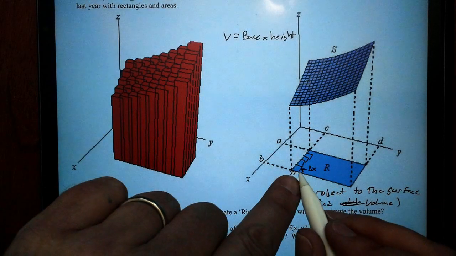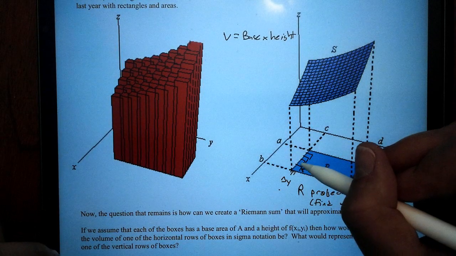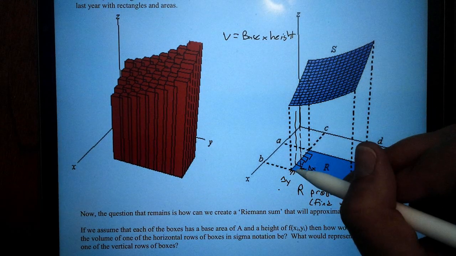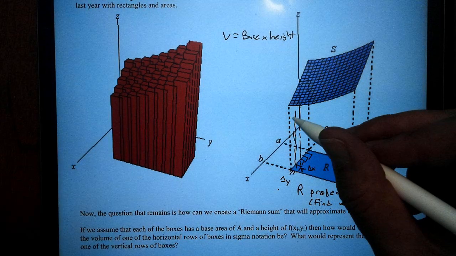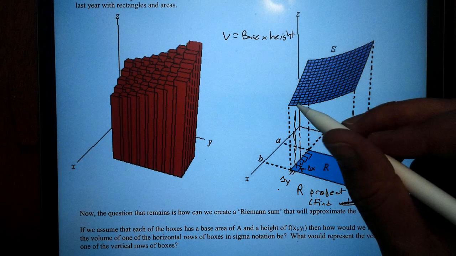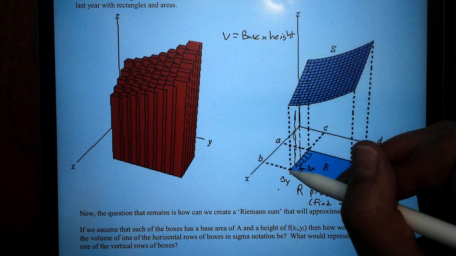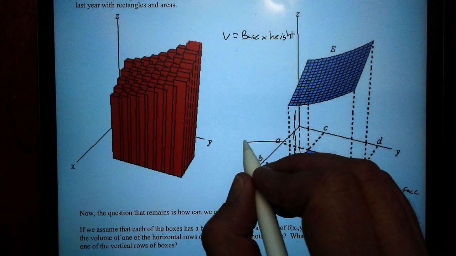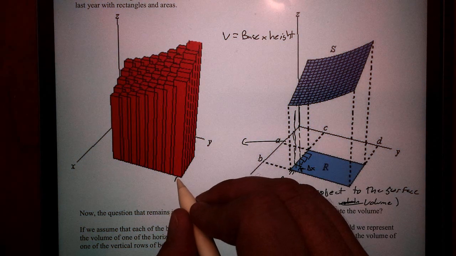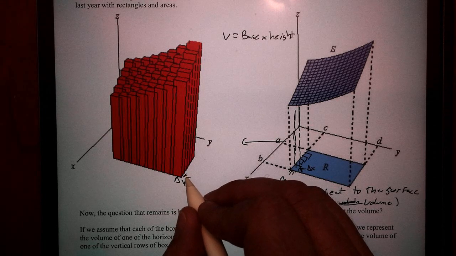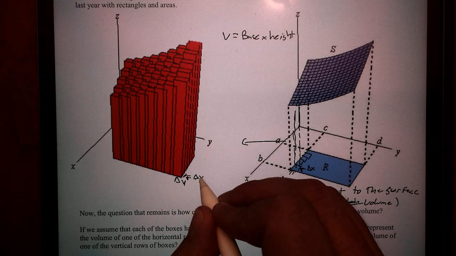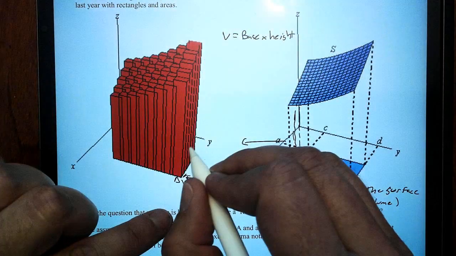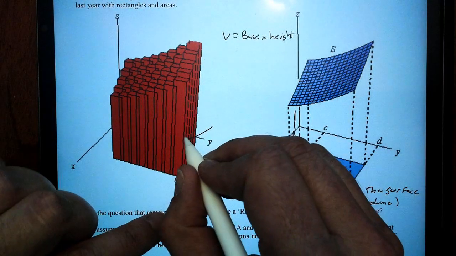If I raise this one little rectangle up, it will intersect our surface, and I can find the volume of this little tiny rectangular prism. If this is delta y, and this width right there is delta x, I can calculate the volume of this prism right here if I knew the height, which we do.